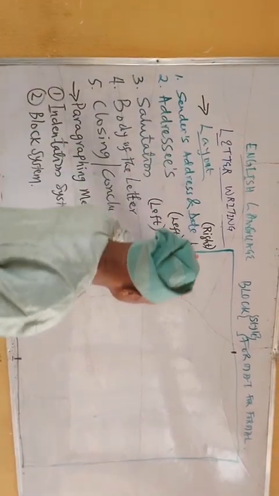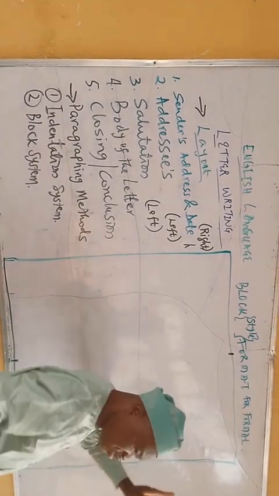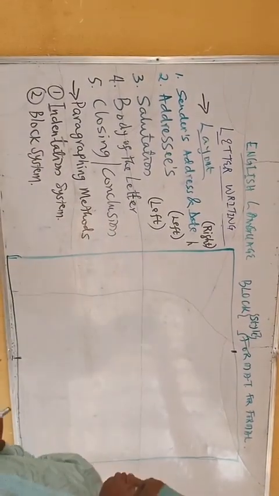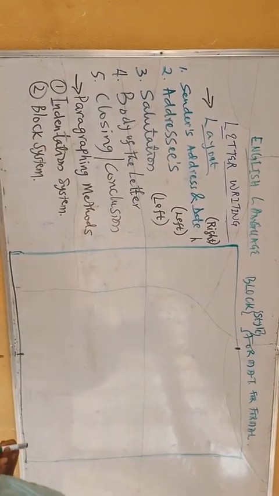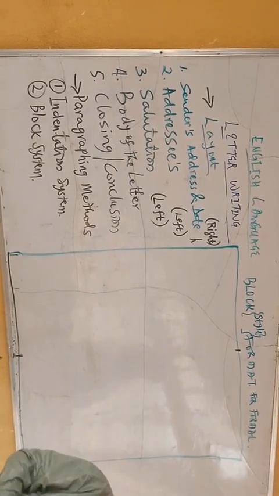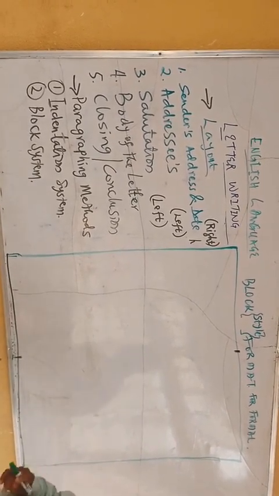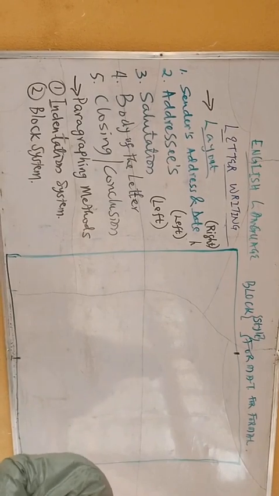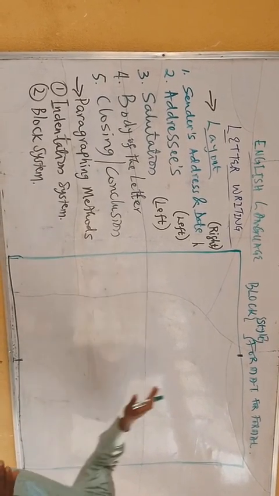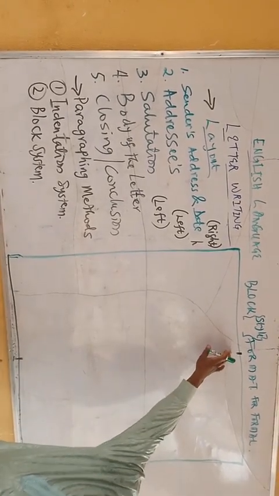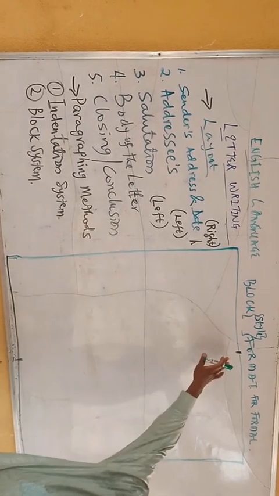We just imagine that this is your writing sheet of paper. Every time you're facing an examination, imagine that the paper you have in front of you has a middle point. That's where I marked it this way.